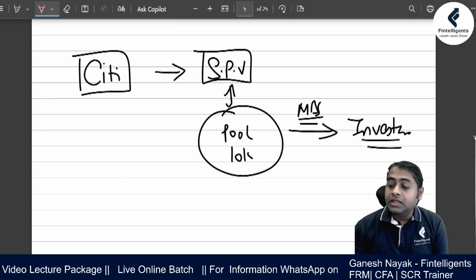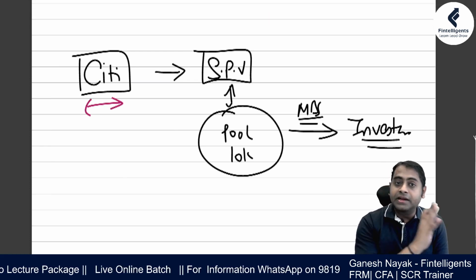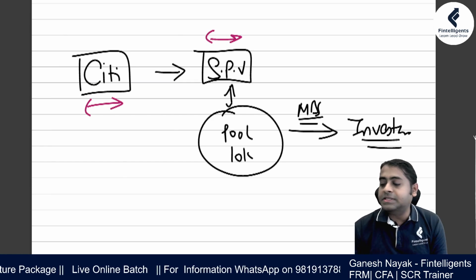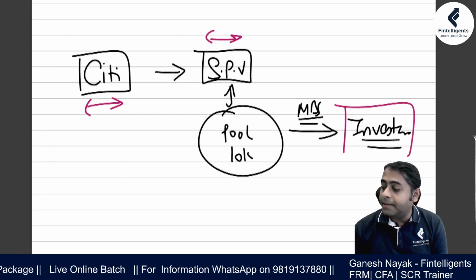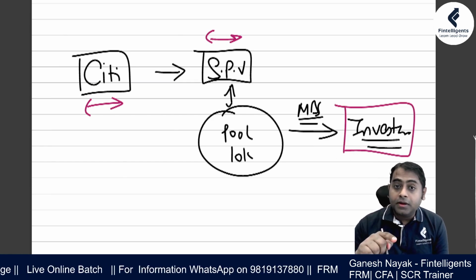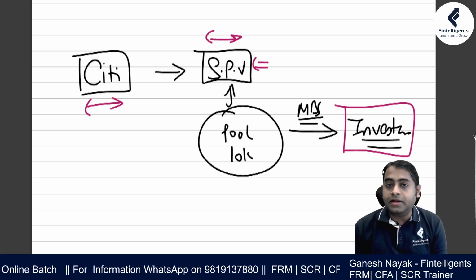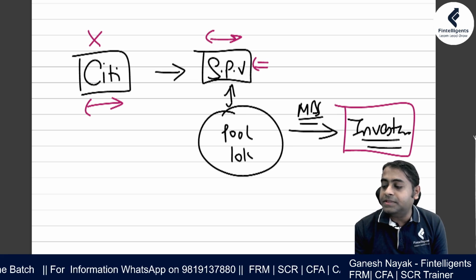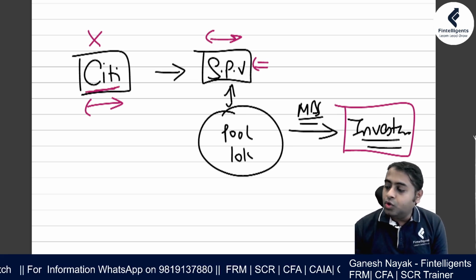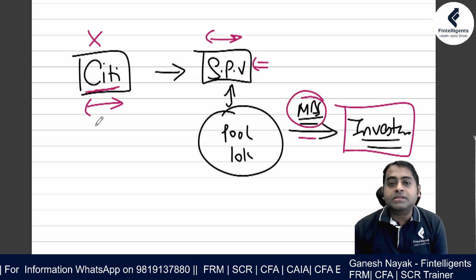Now, this Citibank is legally different. This special purpose vehicle is legally different. So when investors are buying, they have been told that this special purpose vehicle is a bankruptcy remote entity. That means if tomorrow there is a bankruptcy to Citibank, your investment is safe, your MBS is safe. Why?